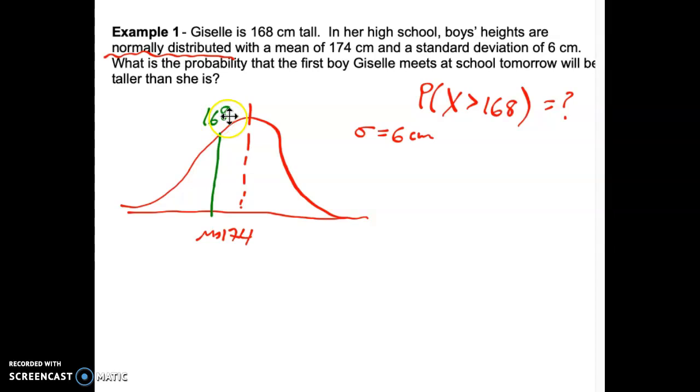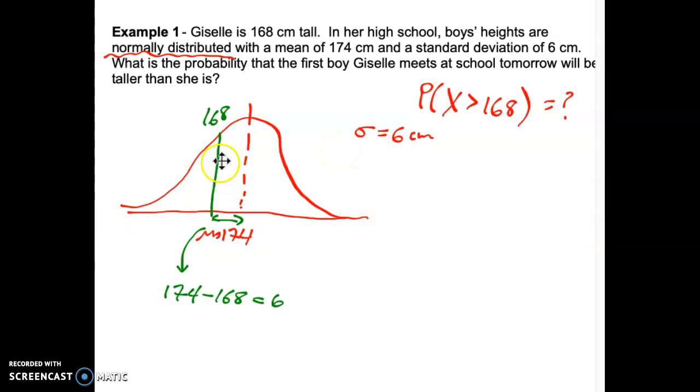Now, if we find the distance between the mean, which is 174, and her height, which is 168, that distance is 6 centimeters, which just so happens to be 1 standard deviation.